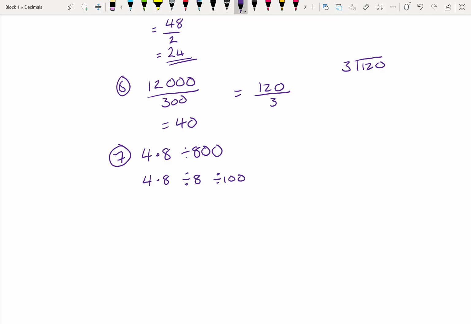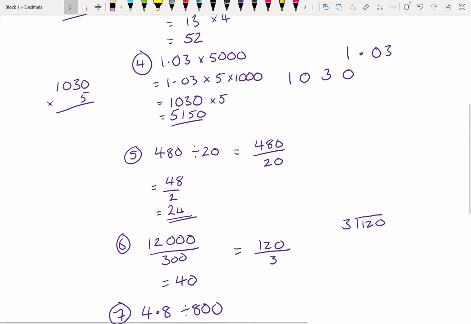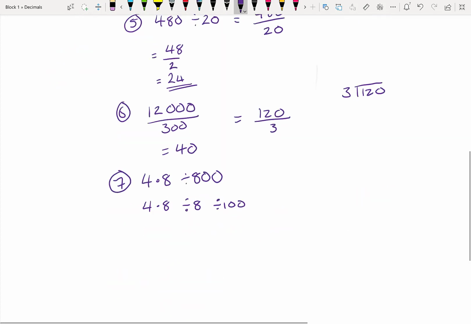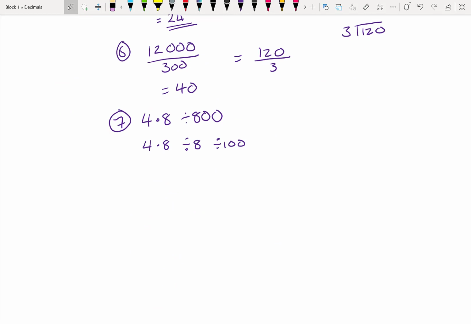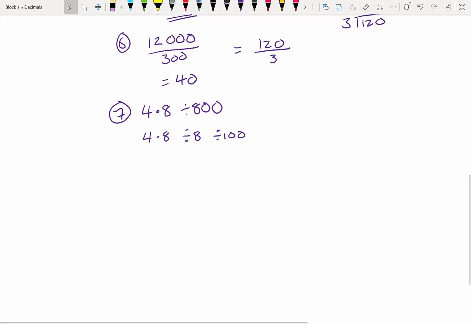So when we split up our first one, we multiplied it, so if we're looking at 5,000 there, we multiplied it by 5 and then by 1,000. Well, here we're dividing, so we need to divide it by 8 and then divide it by 100. So we're going to do a little divide. We want to see how many 8s go into 4.8. Thinking back to when we did it before, we carry my decimal, hit my 0, and I get 6.